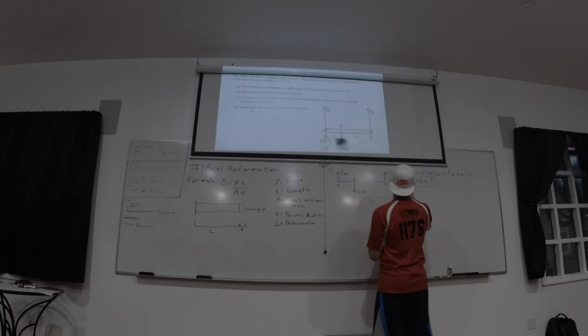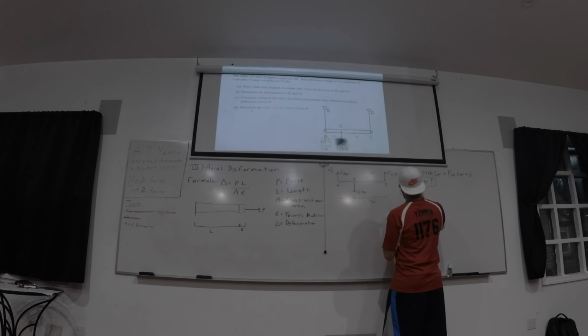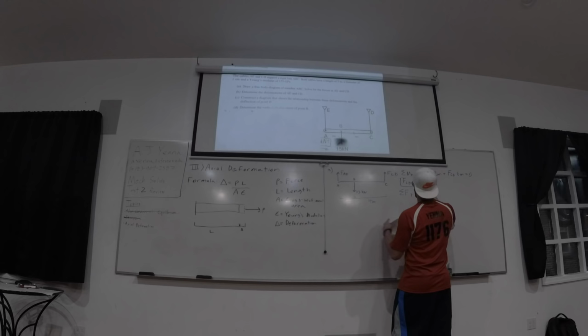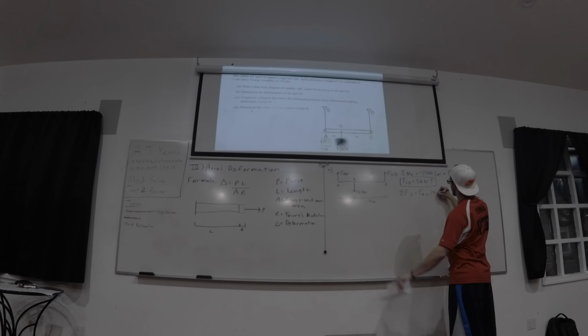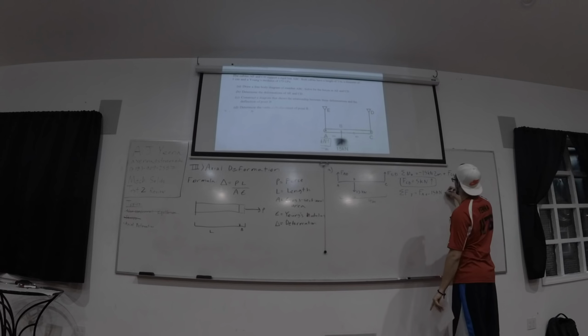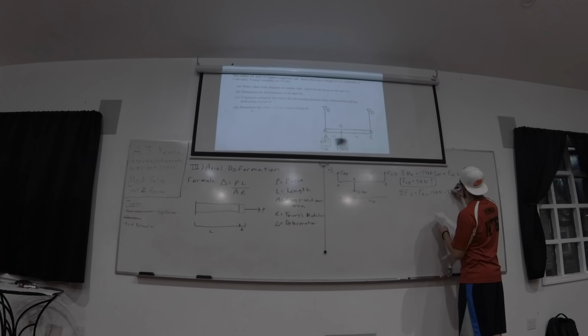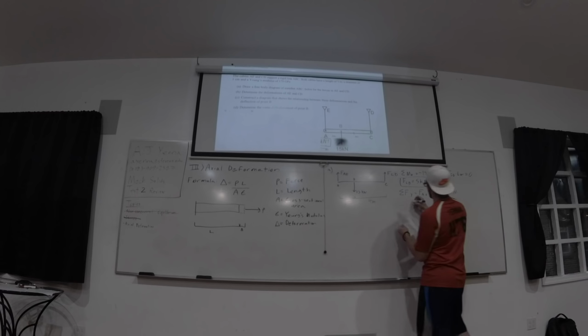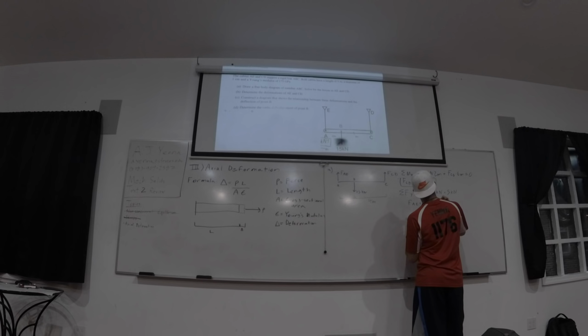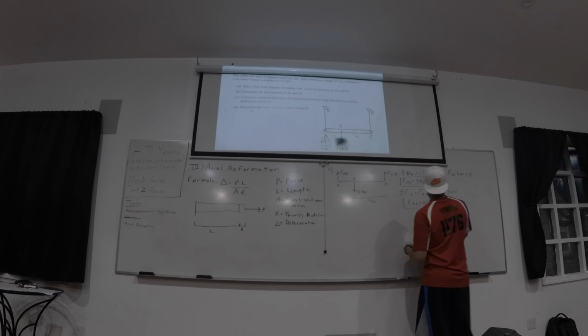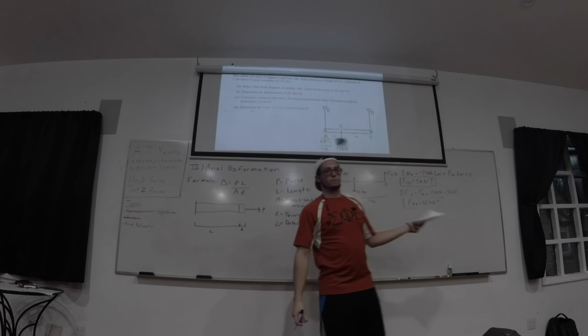And then summation Fy is force of AE minus 15 kilonewtons plus 5 kilonewtons, which gives 10 kilonewtons up.